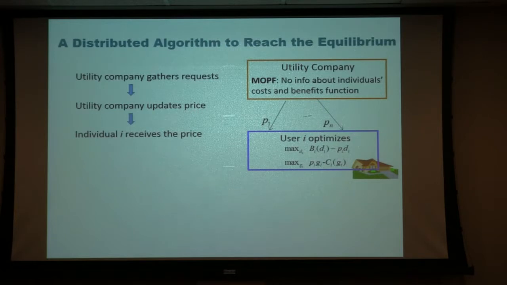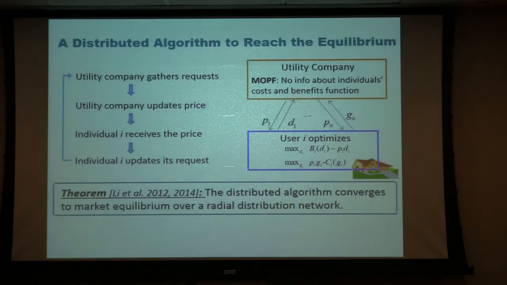For example, if more people want to sell power instead of consuming it, I can reduce the price, and then people will reduce the generation they want to produce. This is a repeated process, and, guaranteed by the algorithm design, it eventually converges to a point that is the optimal solution for the overall problem.